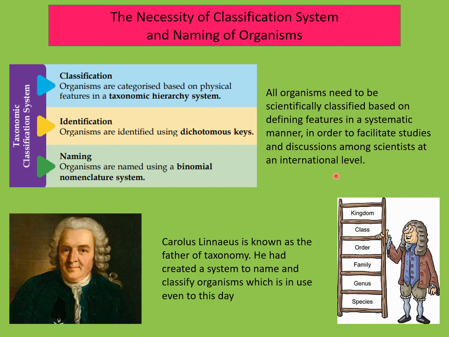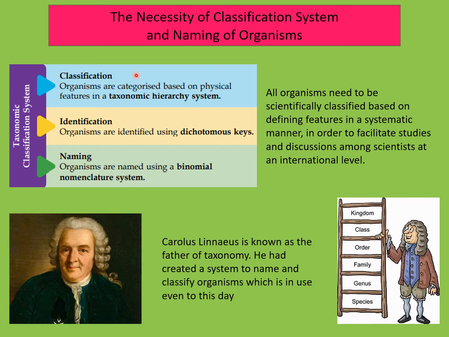Okay, naming of species has to be standardized. There are no 2 or 3 names for one species. So when scientists around the world conduct study or research, they refer to one name only, the scientific name, not the common names.